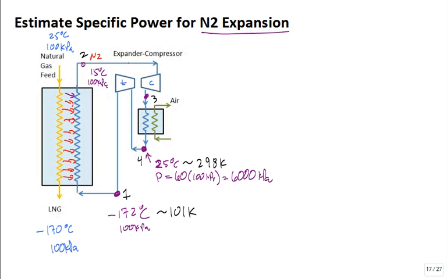And then what's the pressure at 3 and what's the temperature at 3? Well, the pressure at 3, I know, 6,000 kPa. What about the temperature at 2? Well, I can use a constant 1.4, but I thought I'll step it up a little bit. So I used this software.